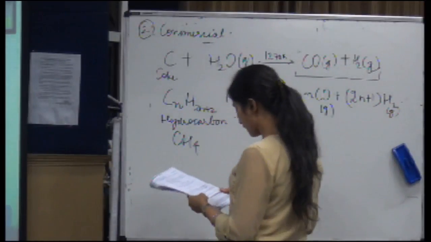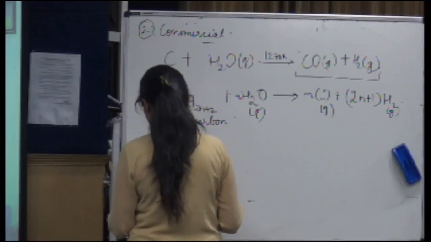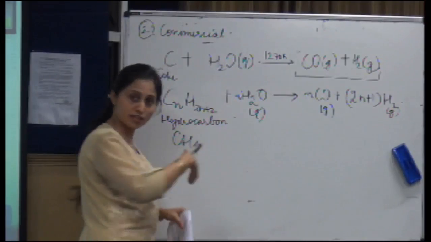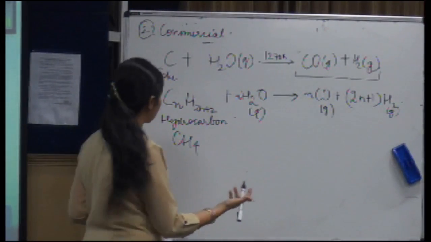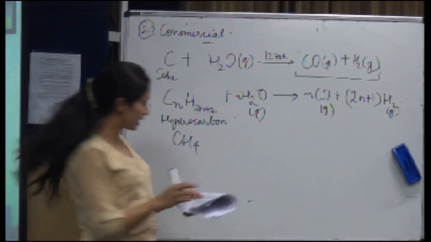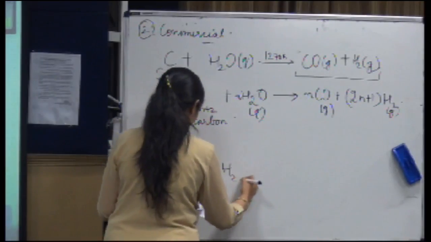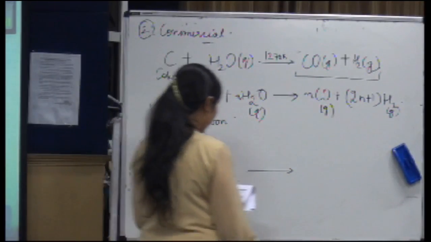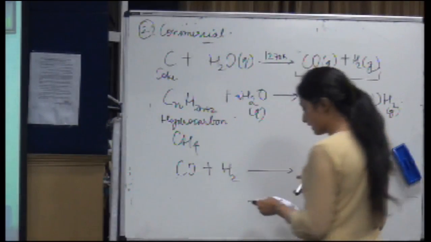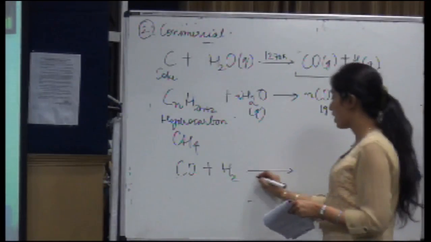Another thing is that it is difficult to obtain CO or H2 separately from your gas. So what is done is a little bit of carbon dioxide may be added. Say you have the gas as CO plus H2. The production of dihydrogen is increased by reacting carbon monoxide of syngas with steam in the presence of iron chromate.